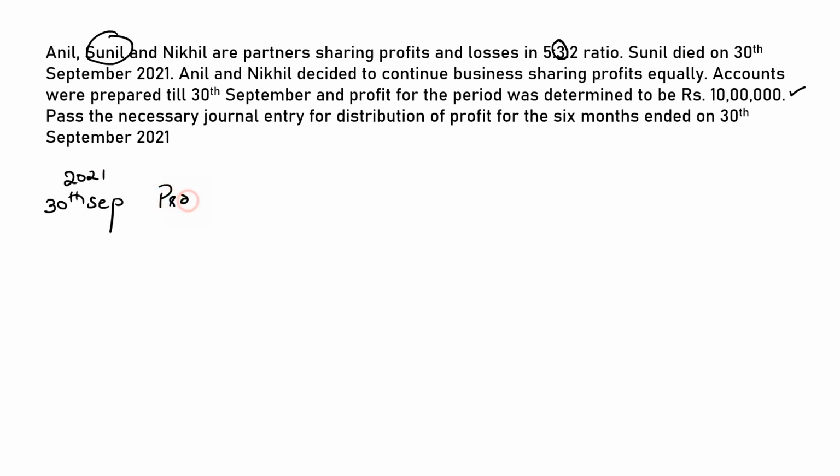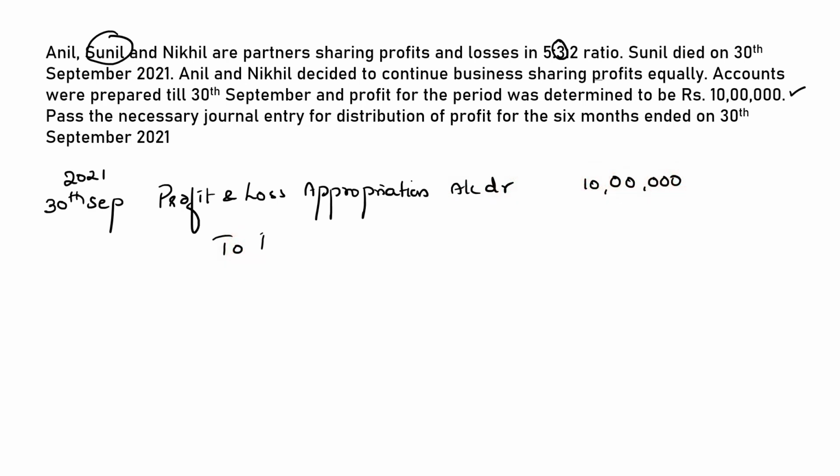We would debit the profit and loss appropriation account, rupees 10 lakh. And that would be given to the partners, that is to Anil's capital account, to Sunil's capital account, and to Nikhil's capital account.